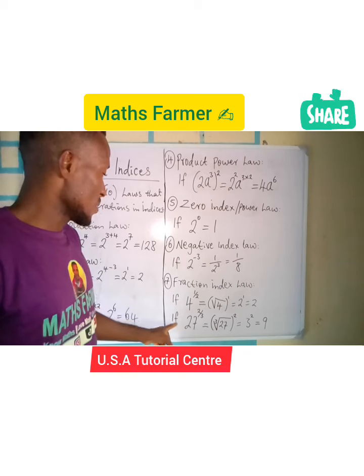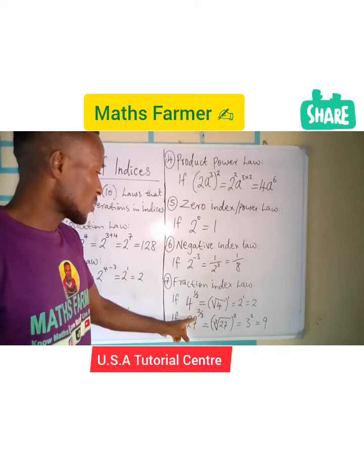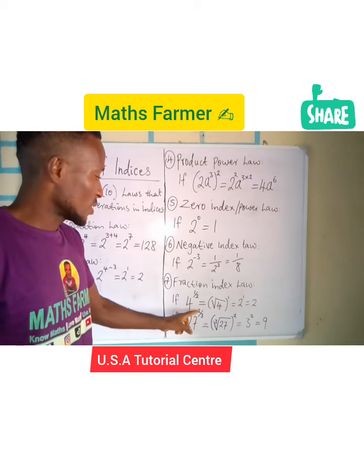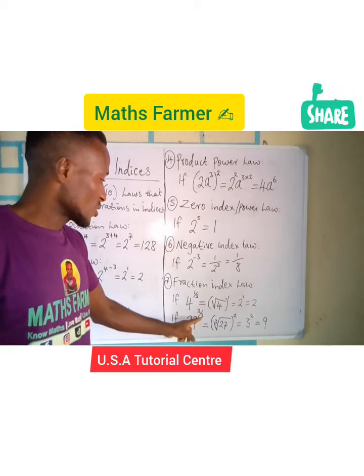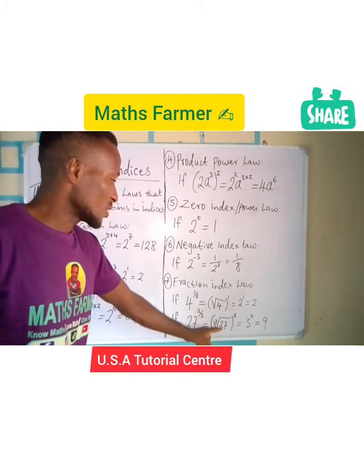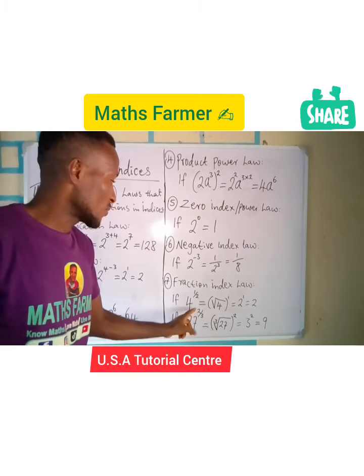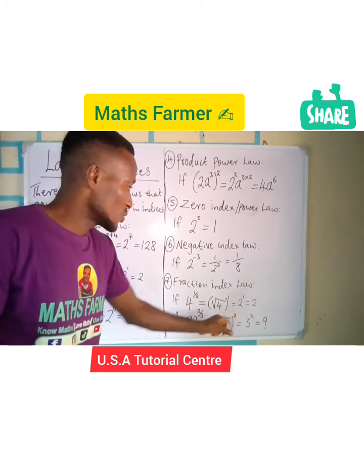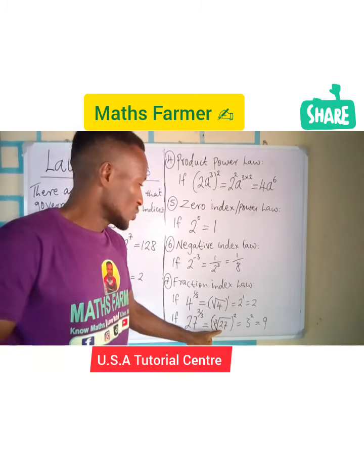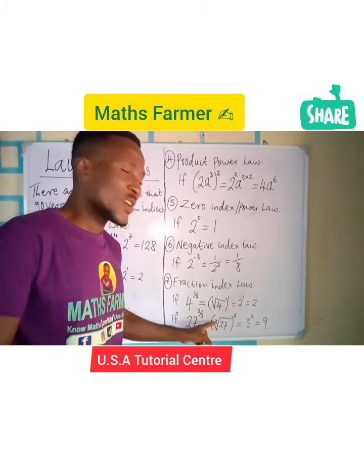The same way again, if you have 27 raised to the power of 2 over 3, the denominator here becomes the root. So that is the cube root of 27, all raised to the power of the numerator, which is 2. Which number do you multiply by itself 3 times to give you 27? That's the meaning of a cube root.